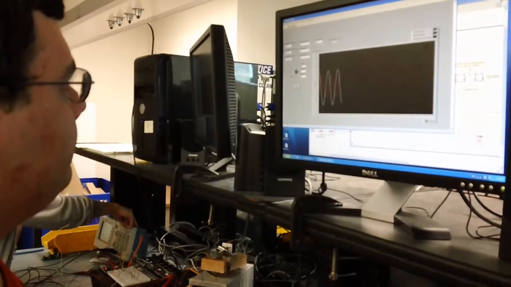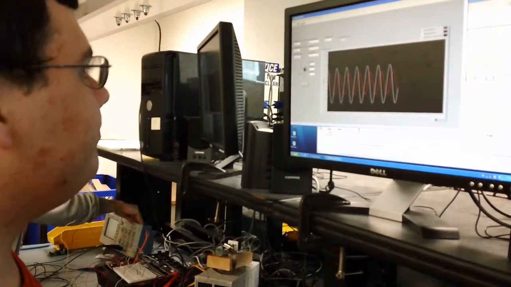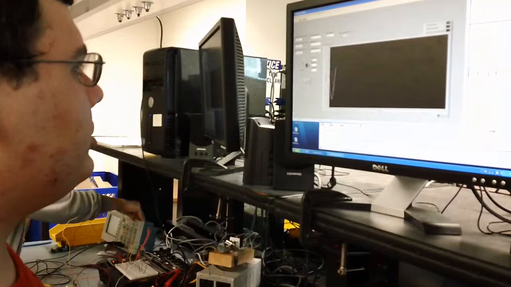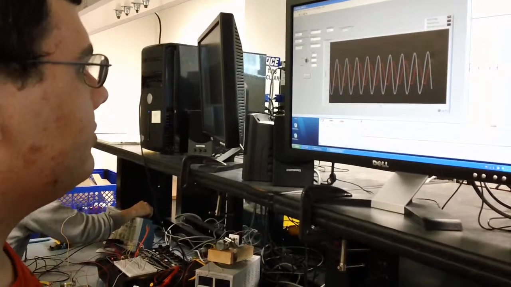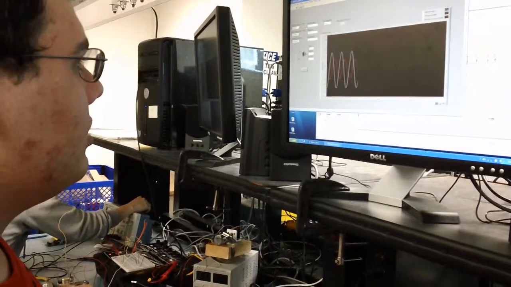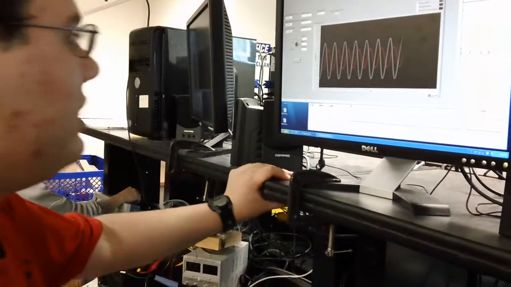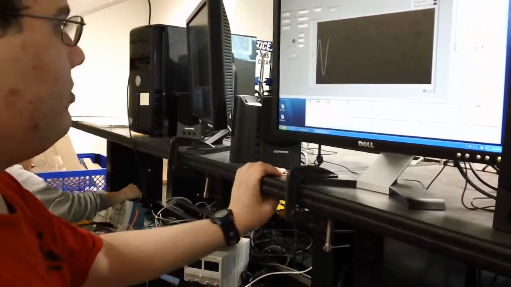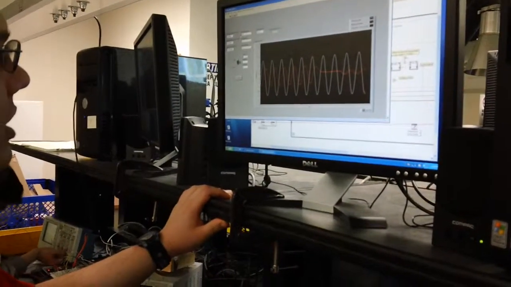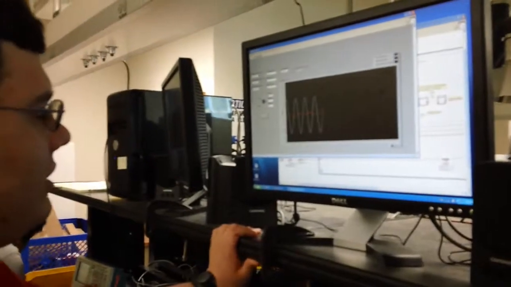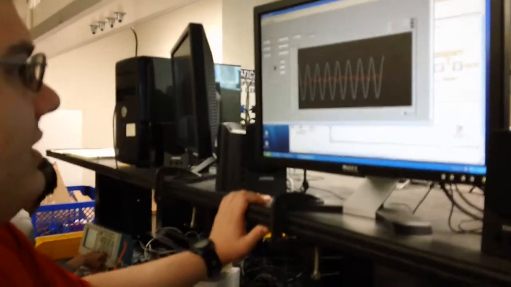Let's find out. And no noticeable change in the amplitude. Go a bit more. It looks like the amplitude has shrunk. Let's make it a bit more gradual. And now it's fairly obvious that the amplitude has decreased a lot.